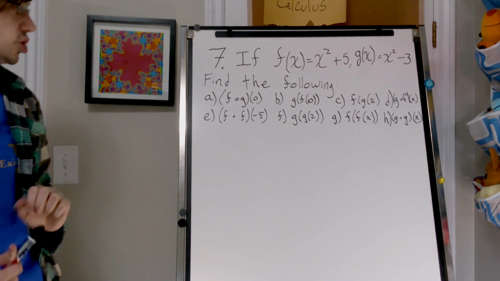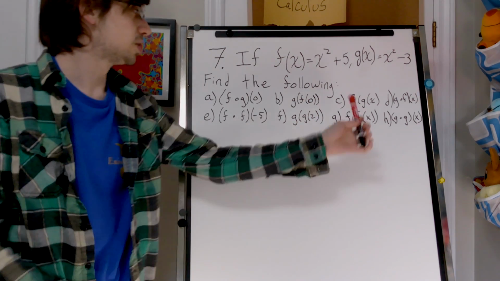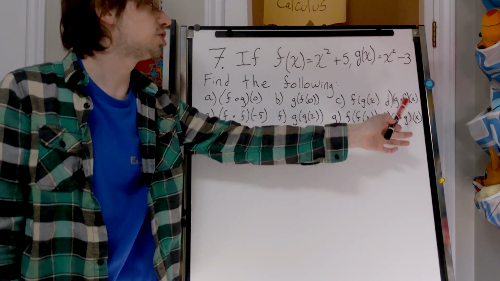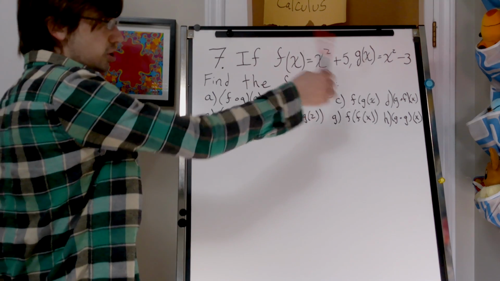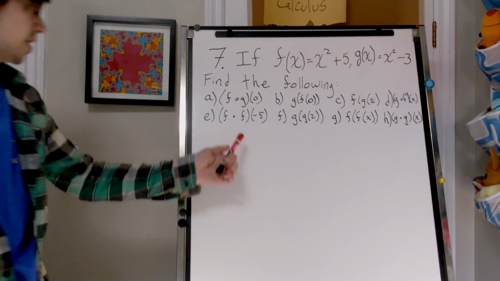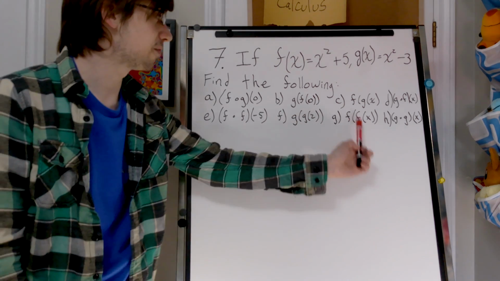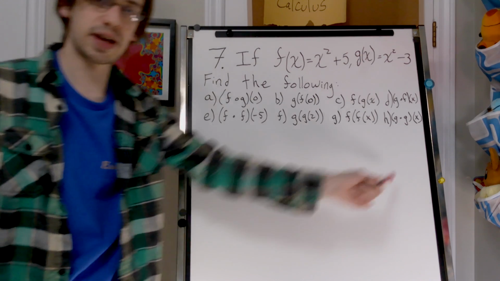F composite g of 0, g composite f of 0, or g of f of 0, f of g of x, g composite f of x, f composite f of minus 5, g of 2, f of x, g composite g of x.